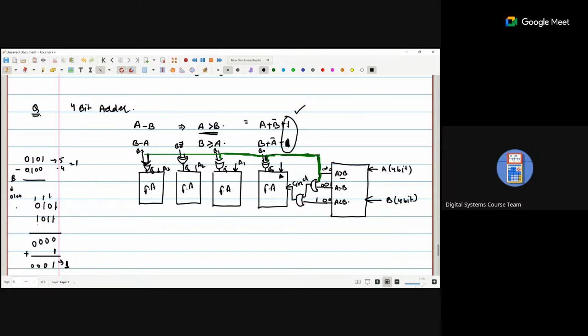Similarly, we are doing the complement for all four bits, not only B0, B1, B2 or B3. So that's why I just use the XOR gate, where one input will be A greater than B. So we connect A greater than B.